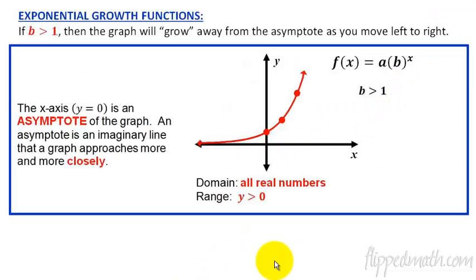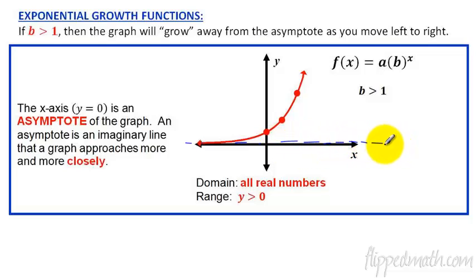Okay, a few things to write down here about the exponential growth functions. One is that if b is larger than 1, then it is going to grow away from what we call the asymptote as you move left to right. Well, what in the world is an asymptote? It says here in this paragraph, you want to copy that down, but I'm going to put a dashed line right on the x-axis, just barely above so you can see it.